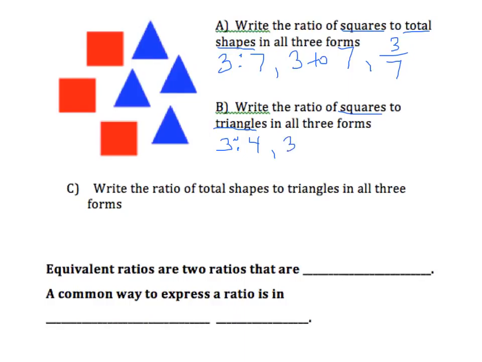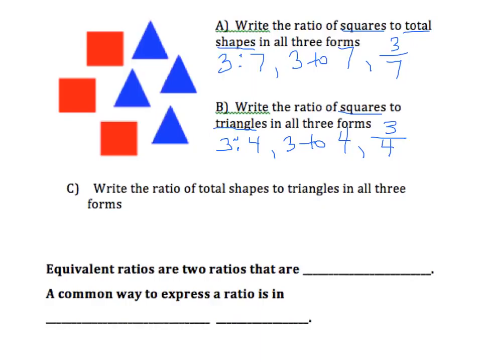We could use the word "to" between 3 and 4 and say 3 to 4. And the last way is to write it as a fraction, 3/4. So those are three different ways to write the ratio of the number of squares to the number of triangles. What kind of ratio did we just write? We just wrote a part-to-part ratio because we compared the part that are squares to the part that is triangles.